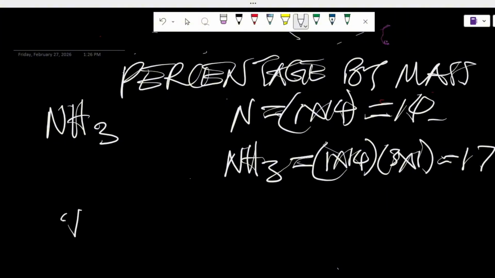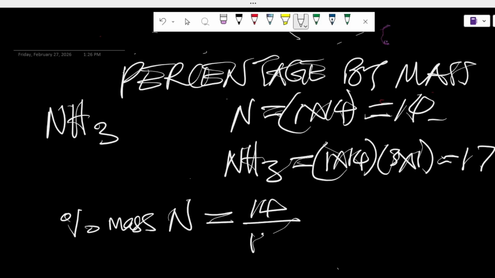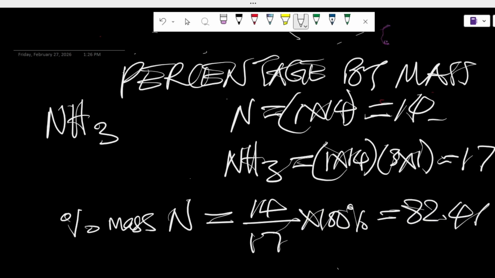So the percentage by mass of nitrogen is the amount of nitrogen, which is 14, over the total amount, which is 17, multiplied by 100%. So this is going to give us 82.4%.